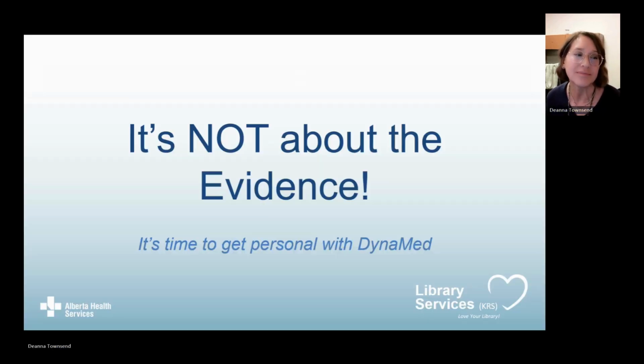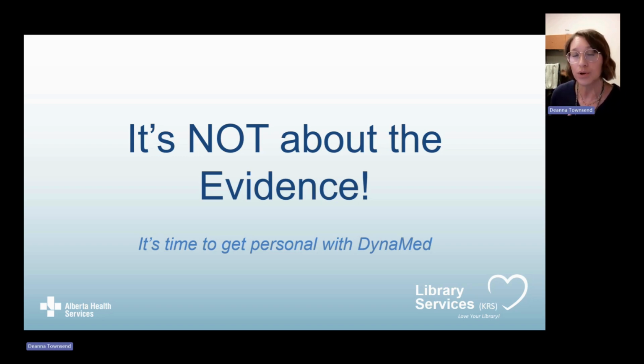So when we look at what the AFMC uncovered in their environmental scan, we look at some of the comparative research that's been done on point-of-care resources, UpToDate and DynaMed included. All the perceived advantages of UpToDate really lie in familiarity with the interface rather than the evidence behind the information.